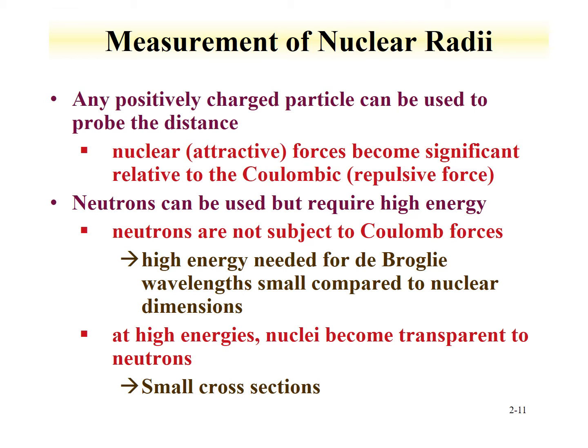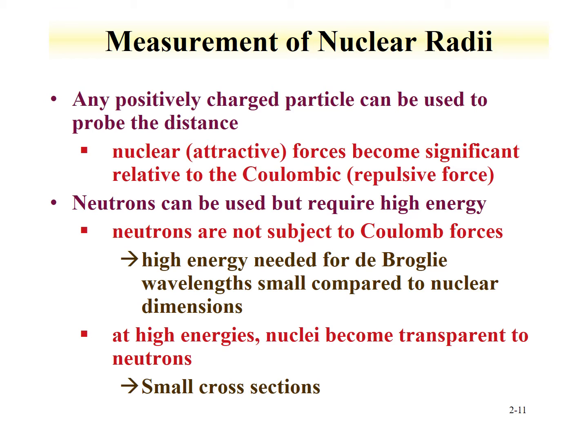Neutrons can be used, but they're going to require higher energies because they're not subject to Coulombic forces. The high energies are needed for the de Broglie wavelength, the wavelength that the neutron takes as it's traveling, which needs to be small compared to nuclear dimensions. The problem with using neutrons is that the higher the energy of the neutron, the less probable the interaction with the nucleus.